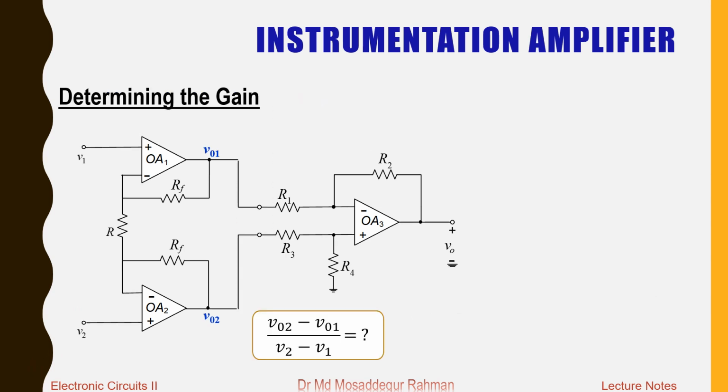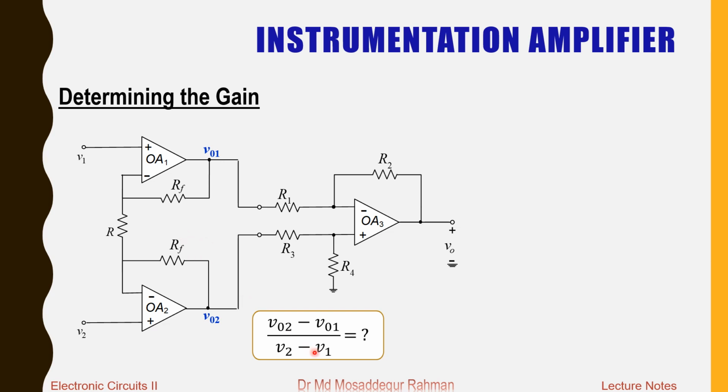So we will try to determine a gain expression for the input stage of this modified difference amplifier circuit. How do we determine this?